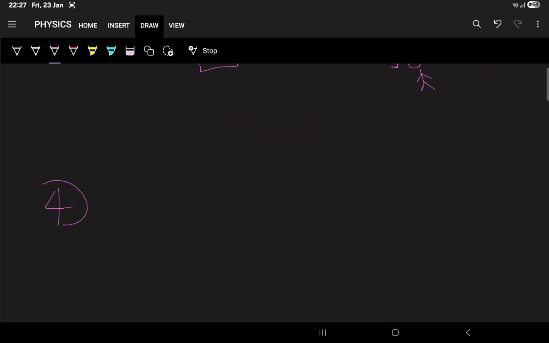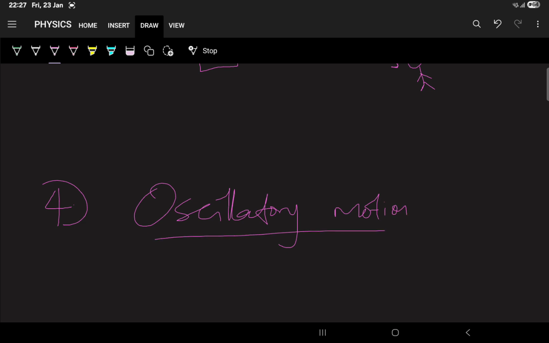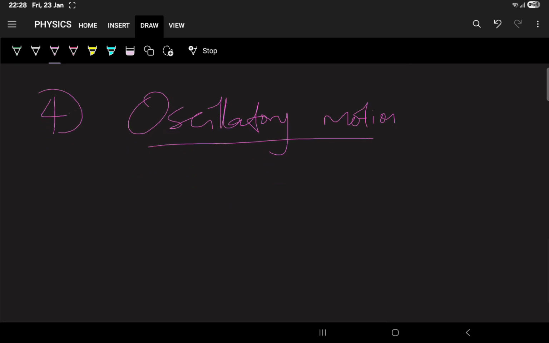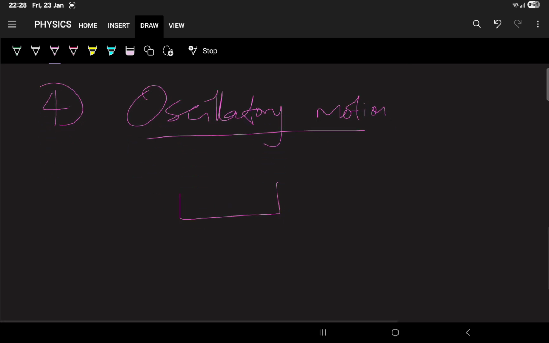Now lastly, we have oscillatory or vibrational motion. This is simply a periodic motion when a body moves to and fro, reversing its direction of motion and returning to its original position. So the motion is periodic. An example of this, to help us grasp the concept properly, is a pendulum bulb.